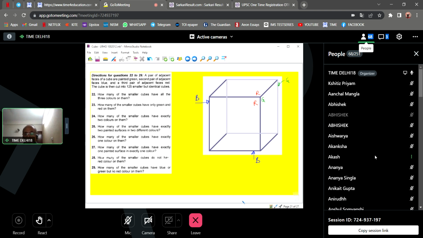Anshul, your answers for 22nd, 23rd, and 24th are correct now. All the three answers are correct. Samrit, these two answers are not correct, not for any of the questions. Shubhi, your answer for 24th is correct.